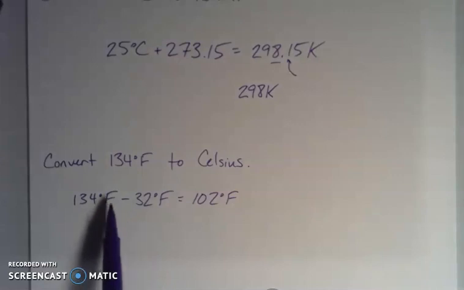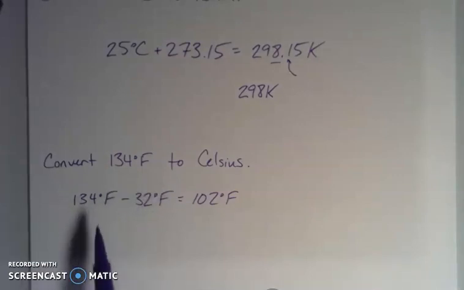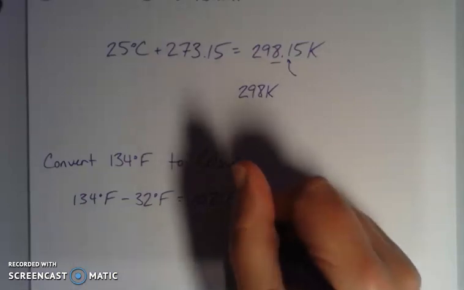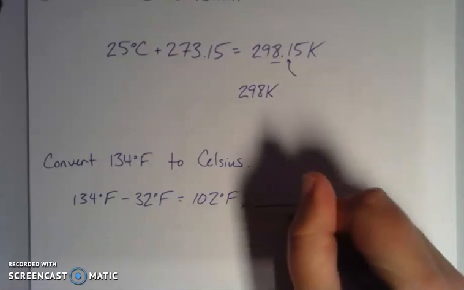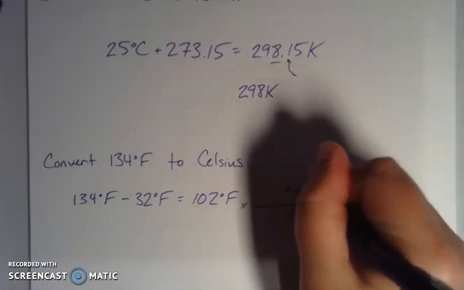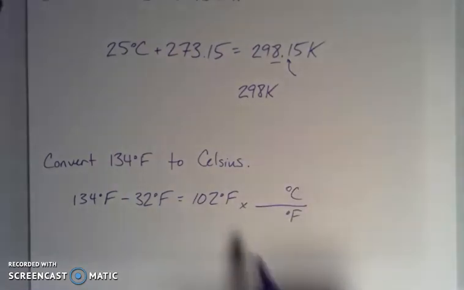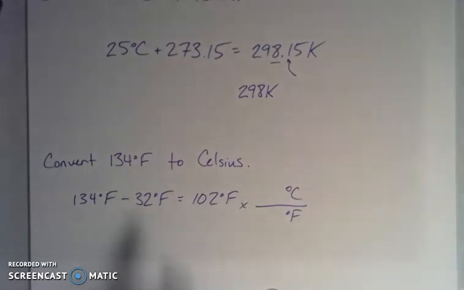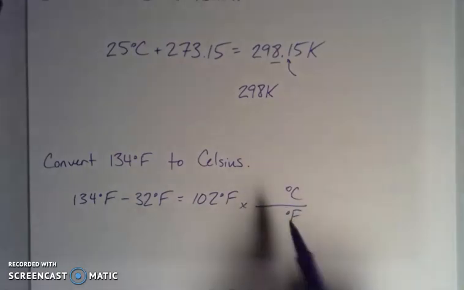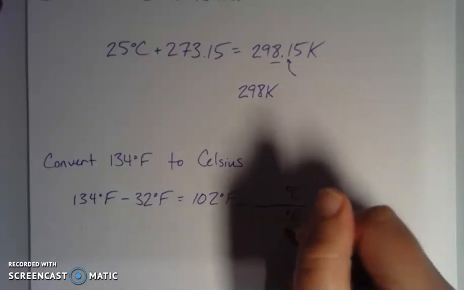Okay, so we're going to add or subtract based on where we're starting. If we start with Fahrenheit, we have to get rid of that before we convert it to Celsius, because when we use dimensional analysis to convert from degrees of Fahrenheit to degrees of Celsius, I can't account for that 32 in this ratio, right? The 32 is separate from the ratio between the two.